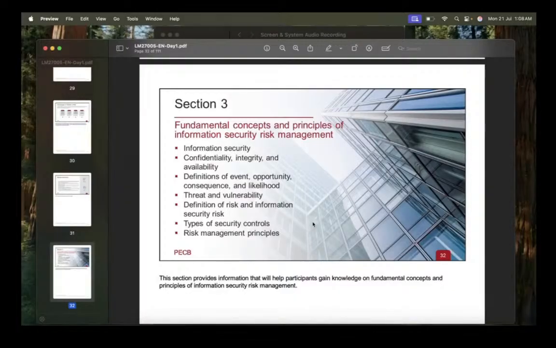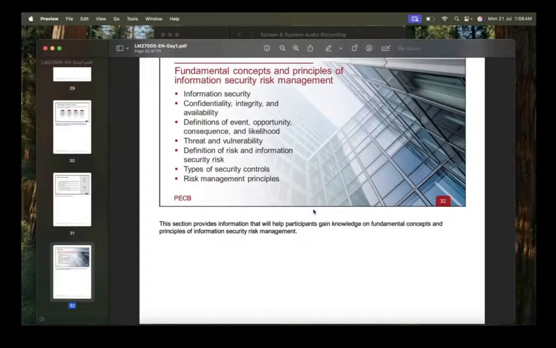Since the standard that we are getting trained on is 27005, and 27005 is focusing on information security risk management, from here we're going to start the main focus, which is information security risk management. We are going to discuss these points as we move forward.